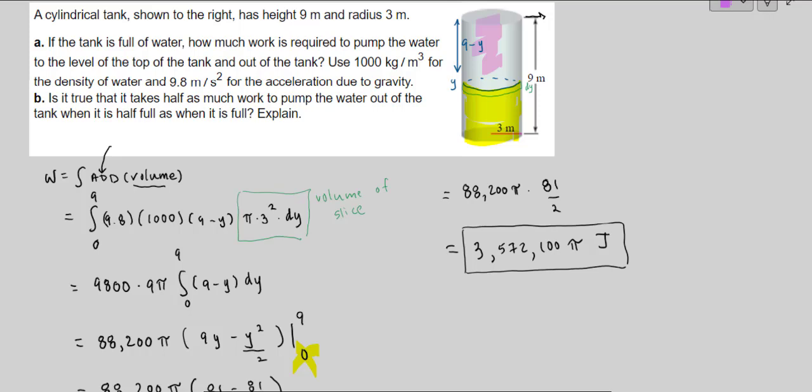So the average slice in the bottom half of the tank is going to travel further than the average slice in the top half of the tank. So we will not get half of the work that we found in part A.